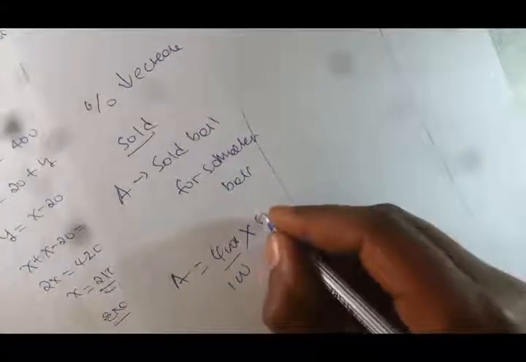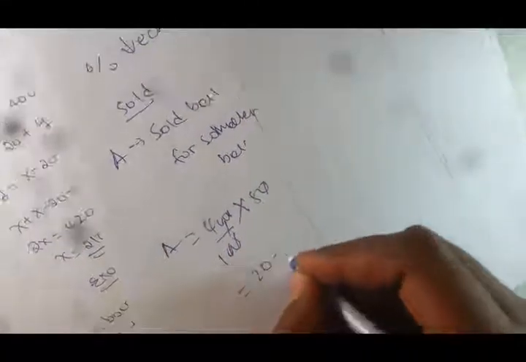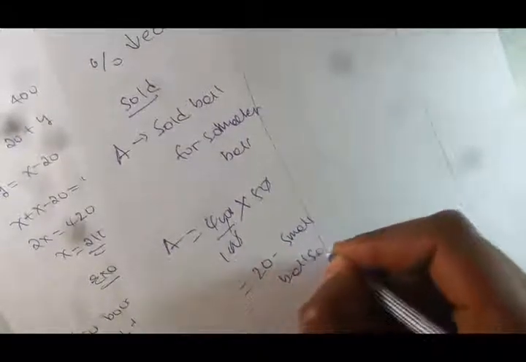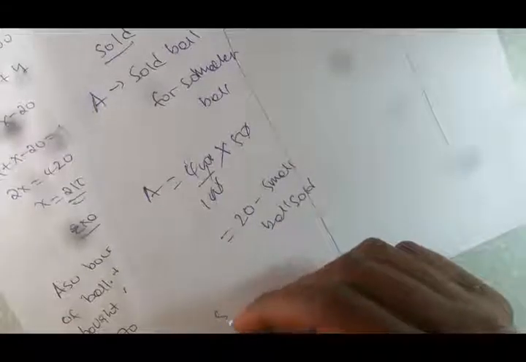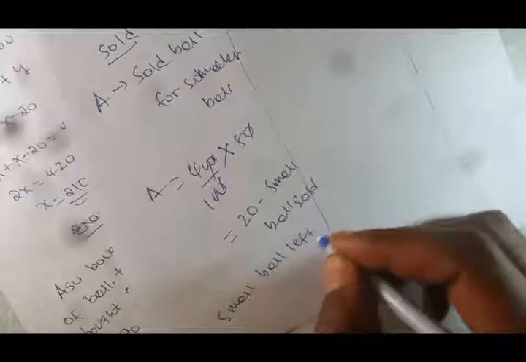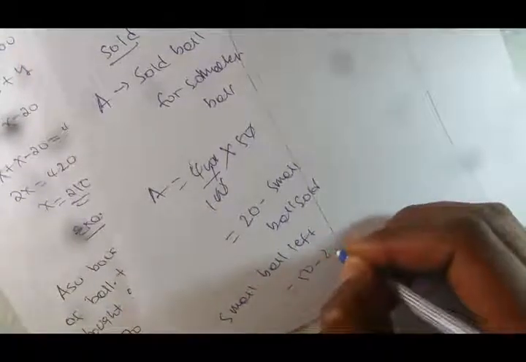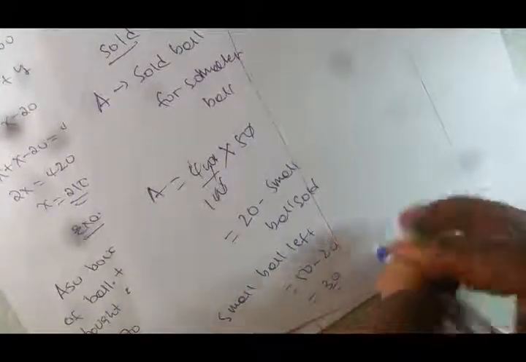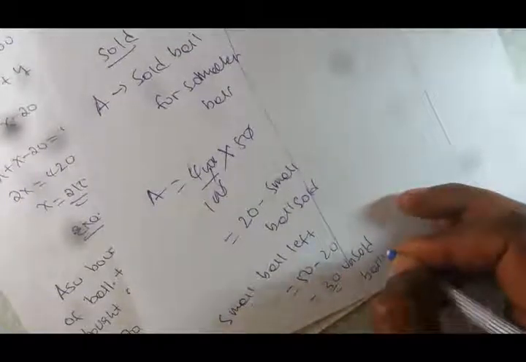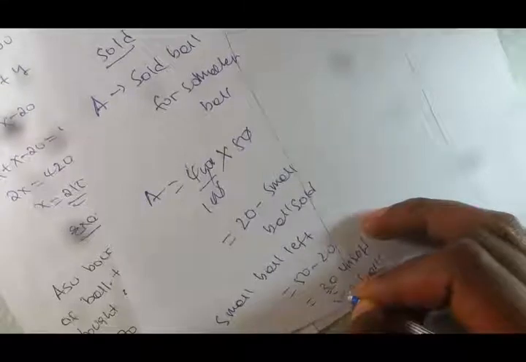In our case, the total number of small ball is 15. Therefore this will be cancelled, this will be cancelled. Therefore she sold 2.1 small ball. So small ball left will be the total 15 minus 2.1. There will be 12.9 unsold balls, small. That means what type of ball? Small balls.